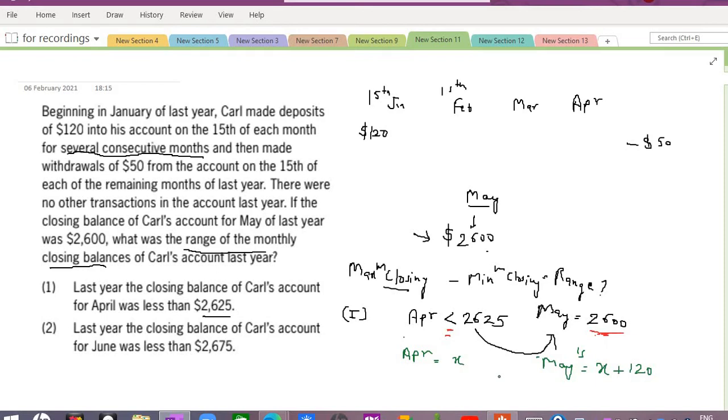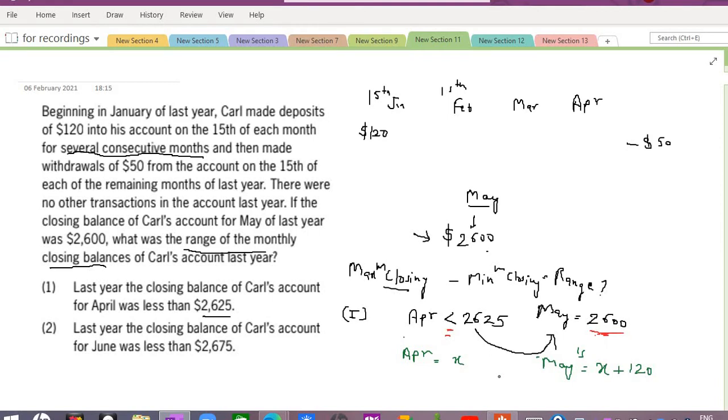If he has started in January and it is given for certain consecutive months, if he has deposited 100, 120, and if in May it is 2,600, and we know there have only been deposits from his side, can we not subtract and figure out the original amount? What I'm saying is, we don't know in which month he started withdrawing the amount.